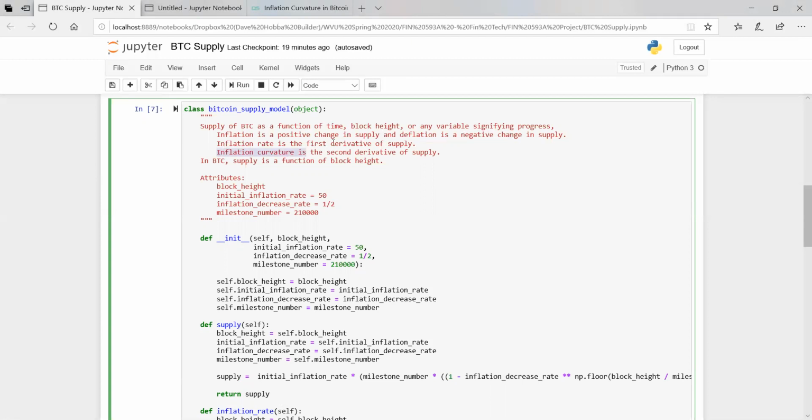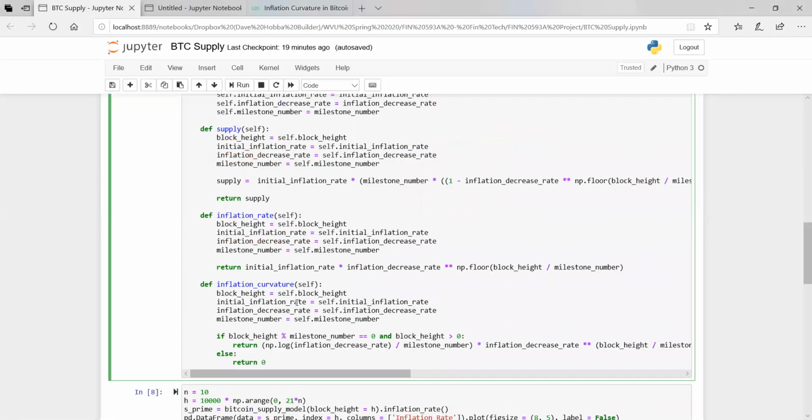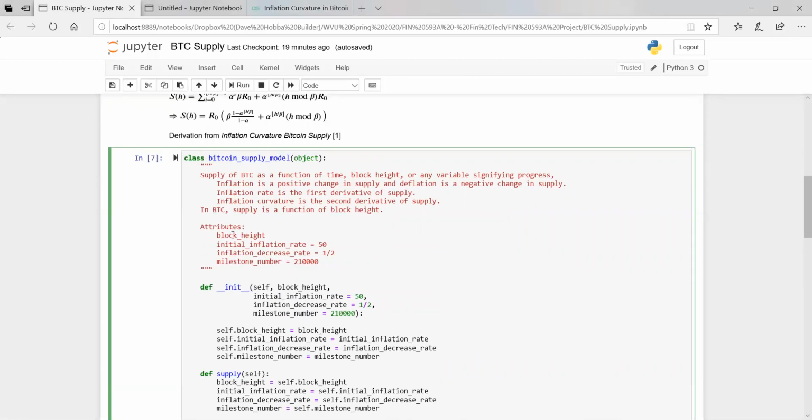We don't use inflation curvature in the Bitcoin valuation using scarcity model, but I did go ahead and include the code for it in the attributes. So the variables are block height, inflation rate, inflation decrease rate, and milestone number.